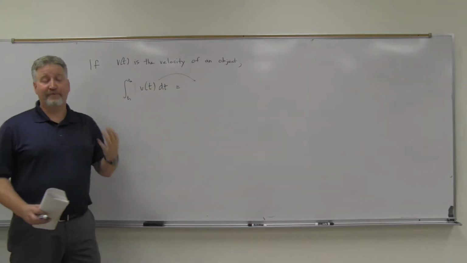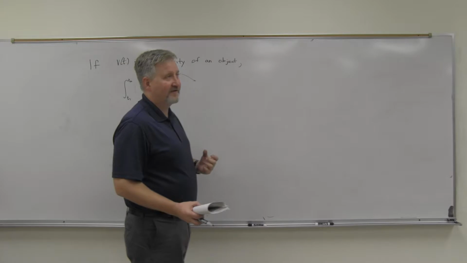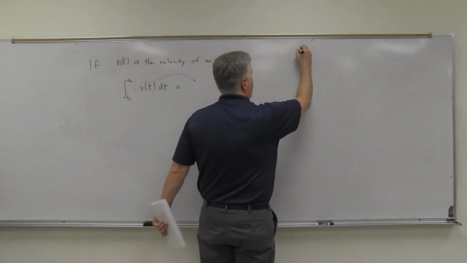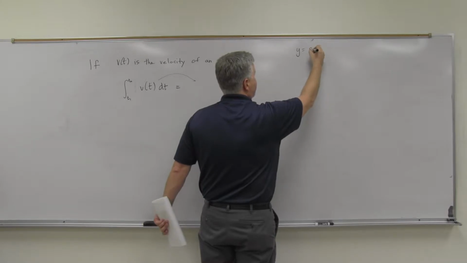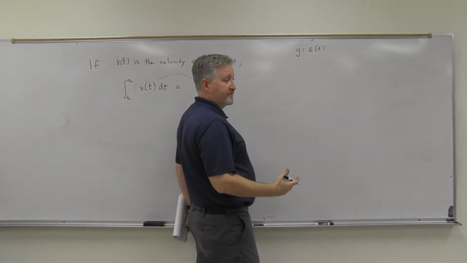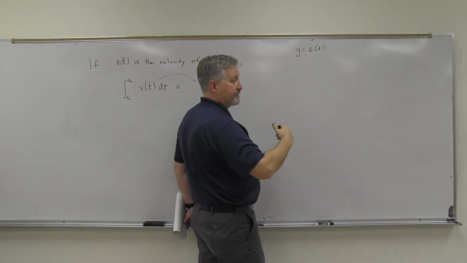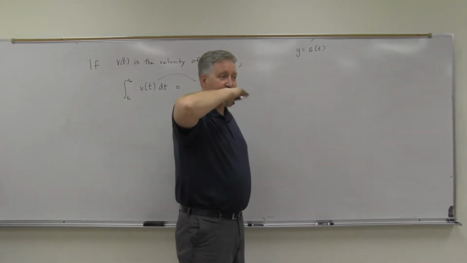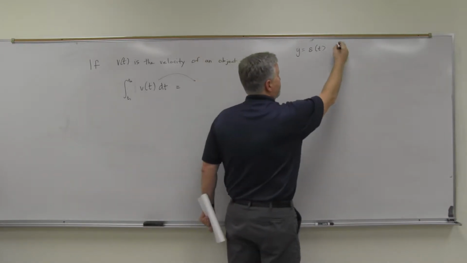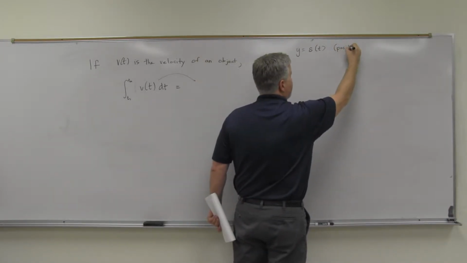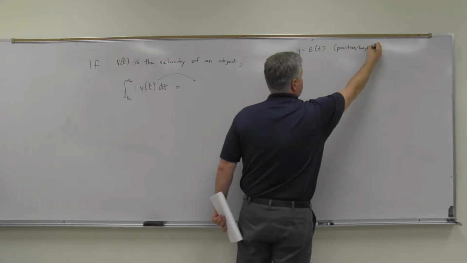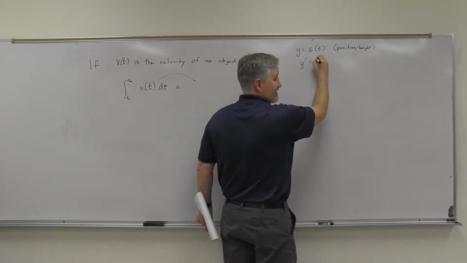Well, think back when we started talking about derivatives. In derivatives, we took y equals some position, or height, right? If that gives you a position or height, the derivative gives you the velocity, doesn't it?